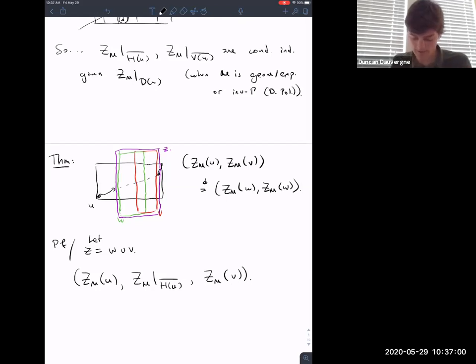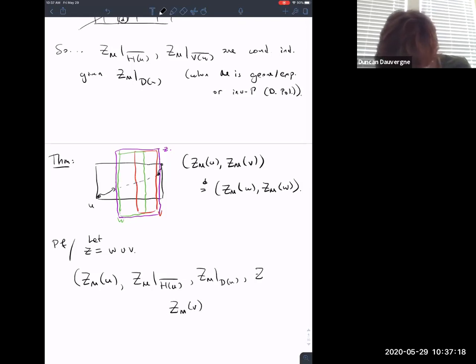So for example, let me write out this full expression and then explain what I'm doing here. So then I'll write Zm restricted to D of U, Zm of B. What I've written here is actually a 3-step Markov chain.